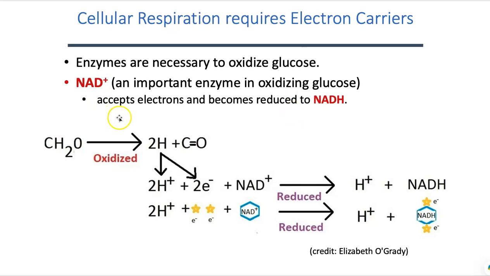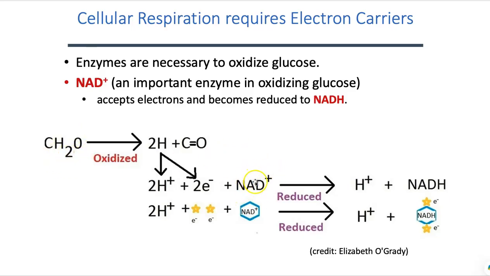So again, let's just pretend that this is glucose, C6H12O6. As we oxidize glucose, we're pulling away those high energy electrons and hydrogen ions from that glucose. Well, ultimately, as we oxidize glucose, something else is going to be reduced.